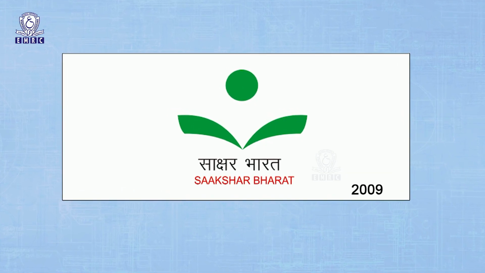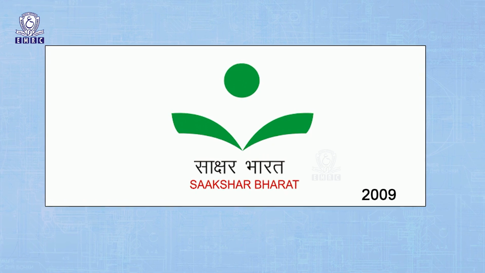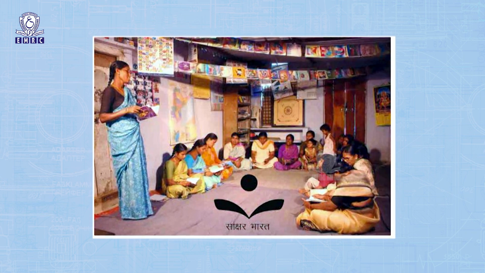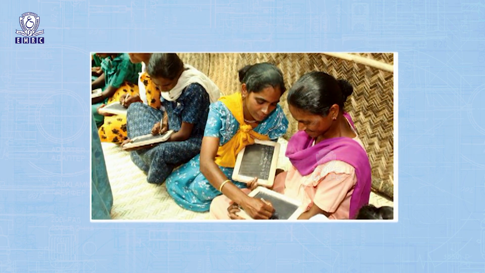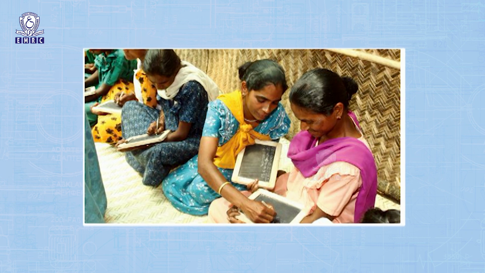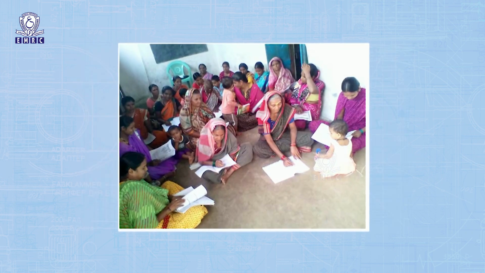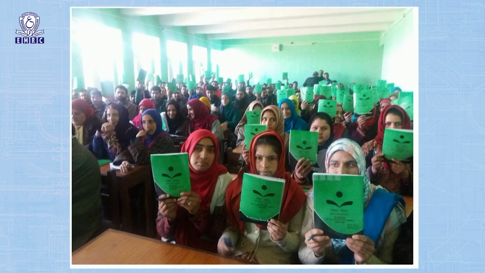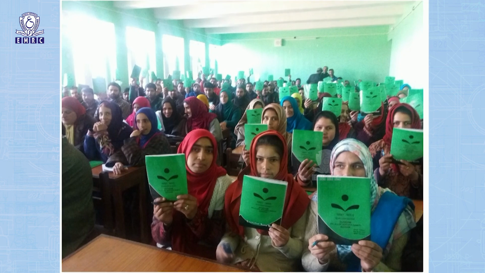Sakshar Bharat program, formulated in 2009, goes beyond 3 R's, that is reading, writing and arithmetic, and seeks to create awareness of social disparities and a person's deprivation and the means for its amelioration and general well-being. This program has the objective of achieving 80% literacy level at national level by focusing on adult women literacy, seeking to reduce the gap between male and female literacy to not more than 10%.